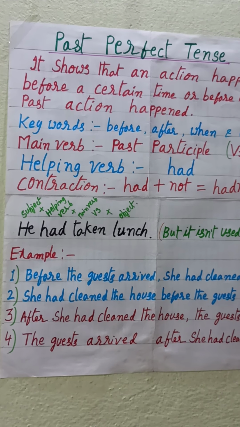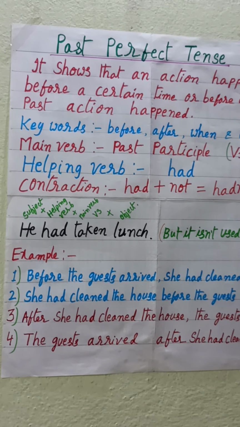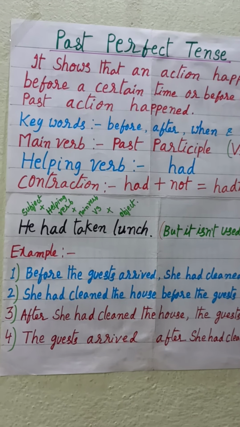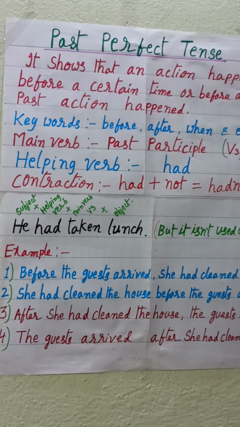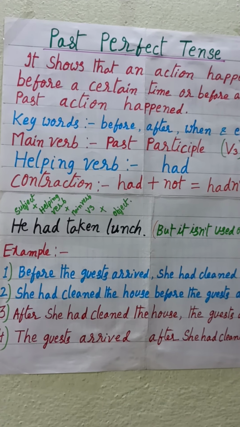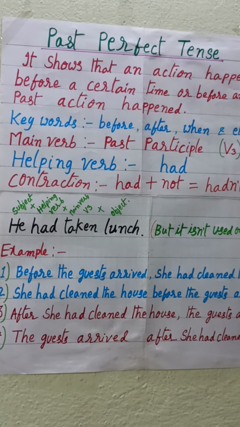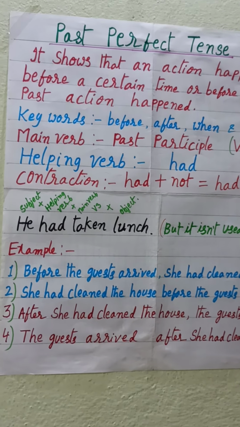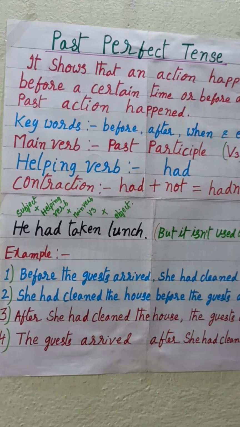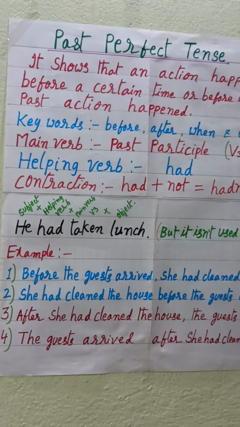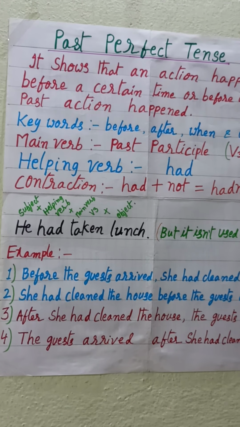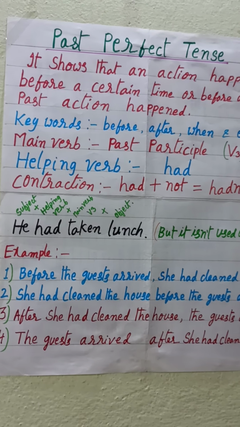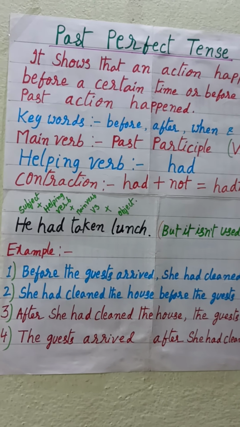The same sentence, for example, he had taken lunch before 2 p.m. For example, now time is 3 p.m. He had taken lunch before 2 p.m.